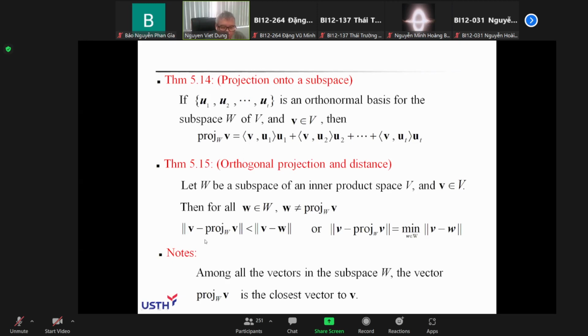It is written here. It means that you can say by words, by phrase, that among all the vectors in the subspace W, the projection of V on W is the closest vector to V.